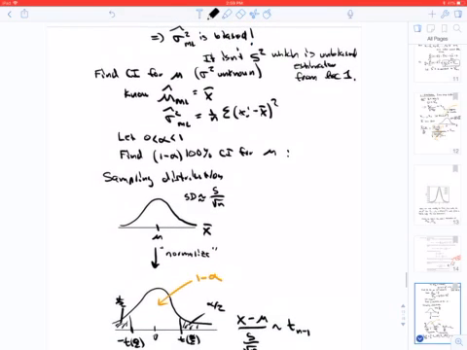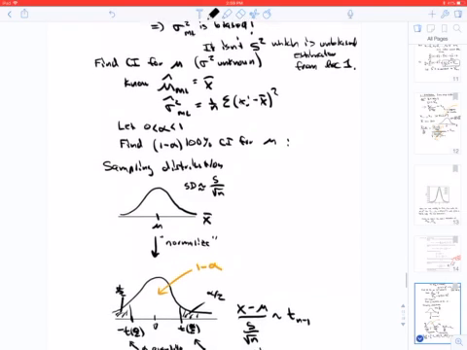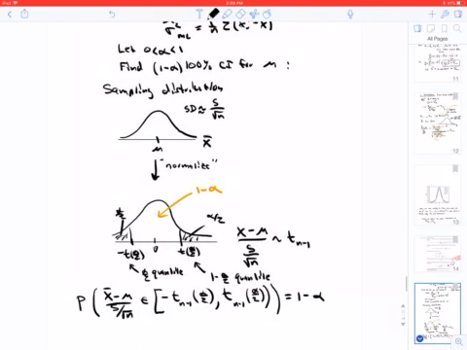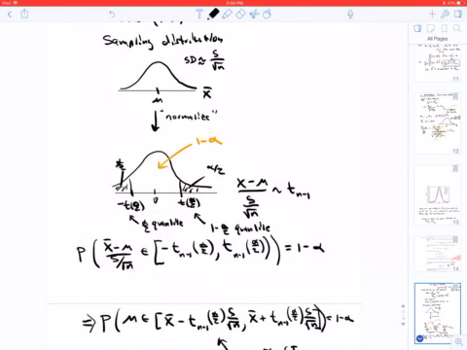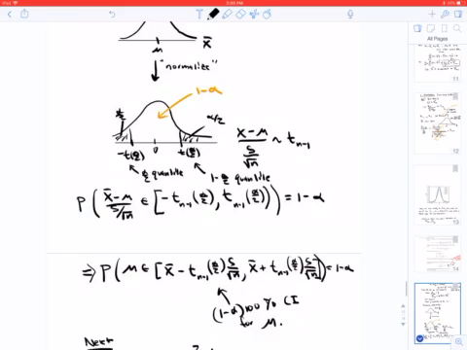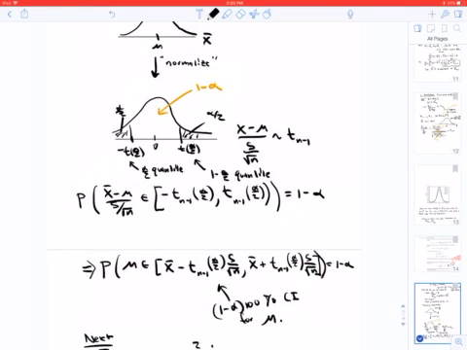Okay, I'm going to go through this quickly because this is similar to what we did in the first lecture. So you define alpha between 0 and 1. You look at the sampling distribution for x bar. You normalize it, but now we don't know what sigma is, so normalize means x bar minus mu over s over square root of n, which has a t distribution with n minus 1 degrees of freedom.